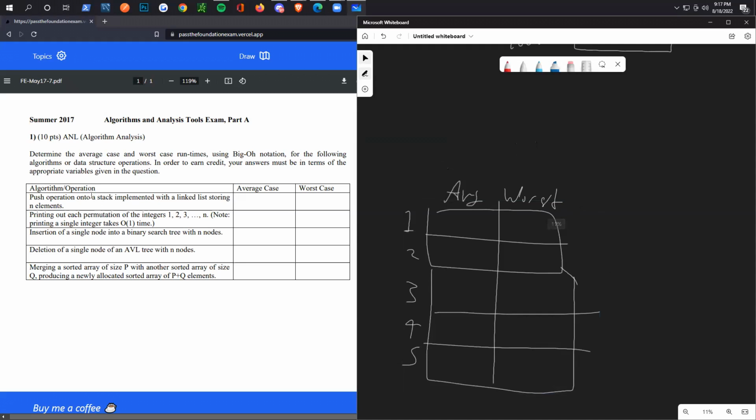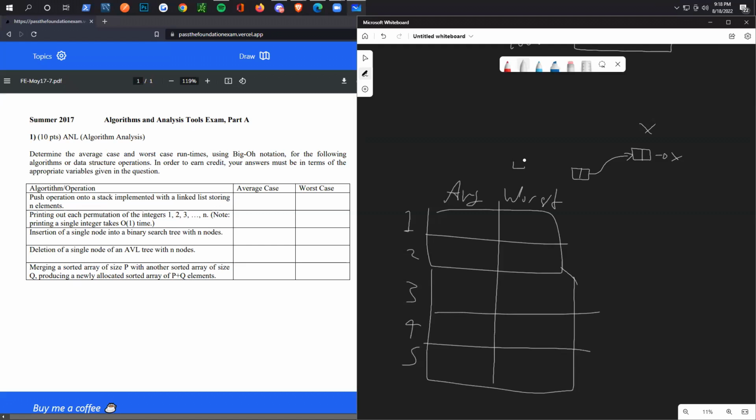So push operation onto a stack with a linked list storing n elements. Typically the whole idea behind the stack with the linked list is, let's say you have nothing. So you end up creating an element. So this is now the top of the stack. And if you want to add another element, you just create a node and then you just route it to this value right here.